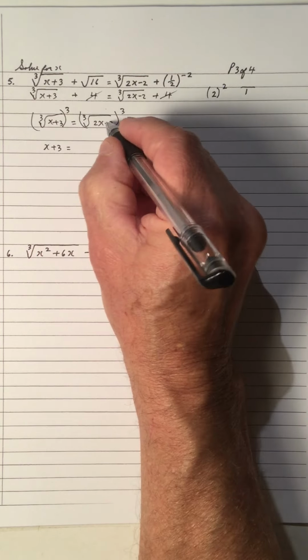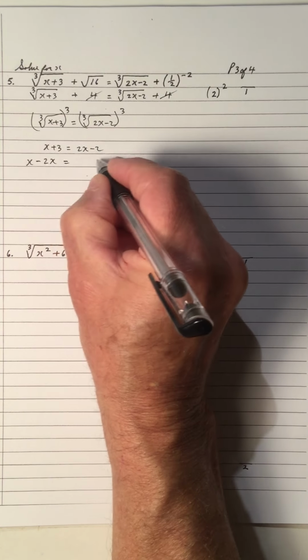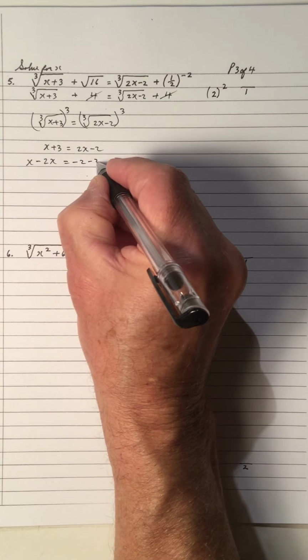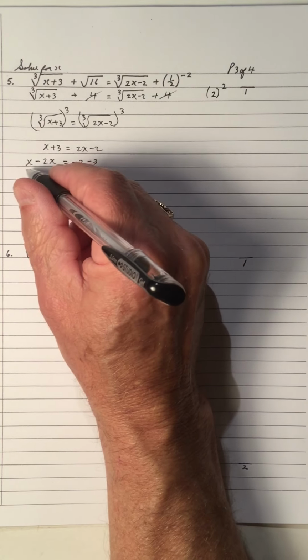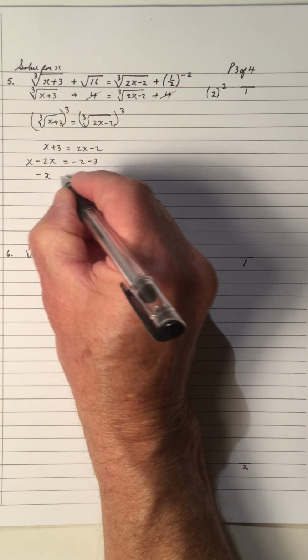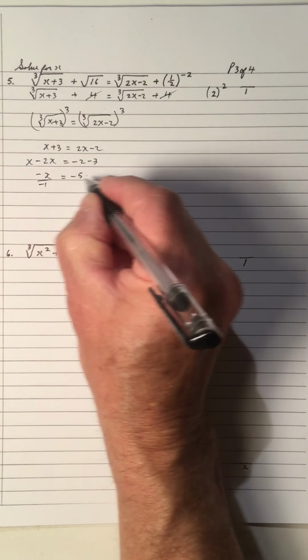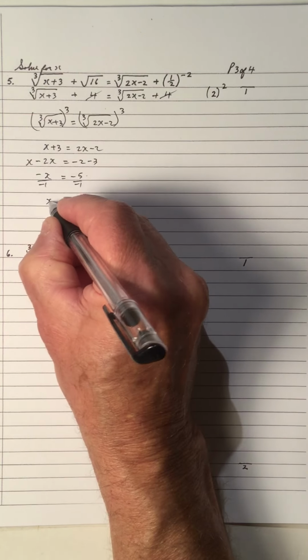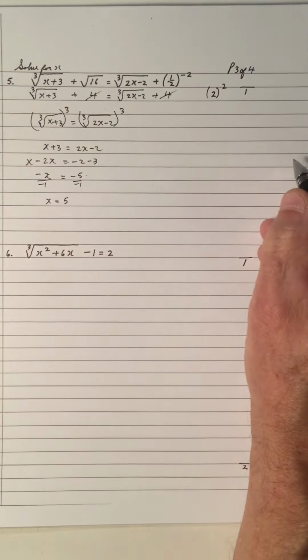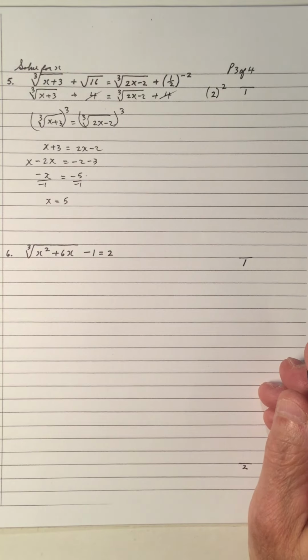So now we solve for x. x minus 2x equals negative 2 minus 3. So the variables go to the left side, the numbers go to the right side. So negative x equals negative 5. We divide by negative 1 or multiply by negative 1, x equals 5. And if you have a 5, give yourself a mark.